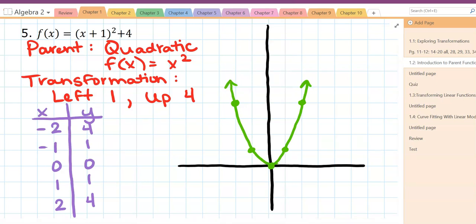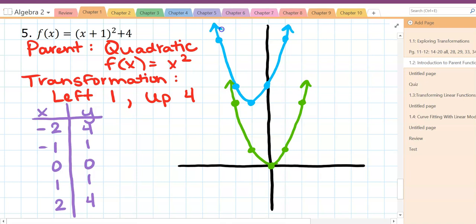Okay, and then for my new one, we go left 1, up 4. So again, they should look the same. Your graph should not change shape at all. It's just being pushed around on the graph.